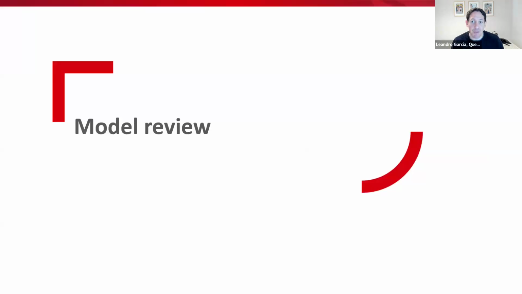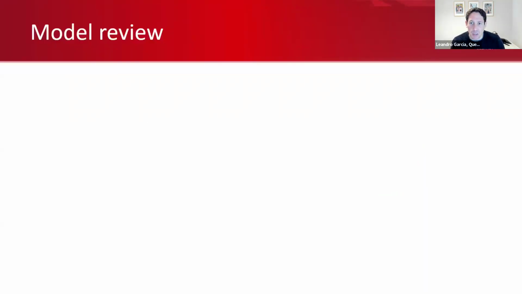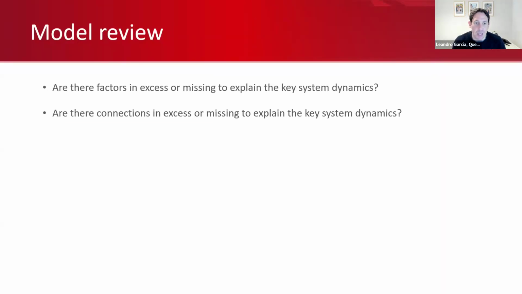Yeah. So after we finish that element, we have a draft CLD ready. The next step is the model review. So a few things to always consider after you have your first draft ready is first to ask yourself whether there are any factors or connections in excess or missing to explain the key system dynamics.